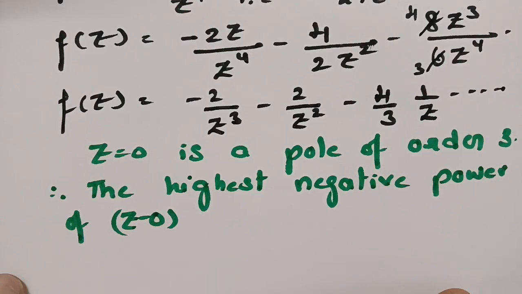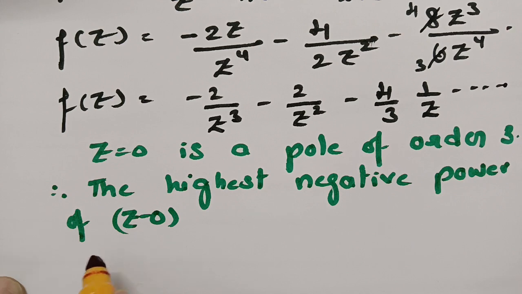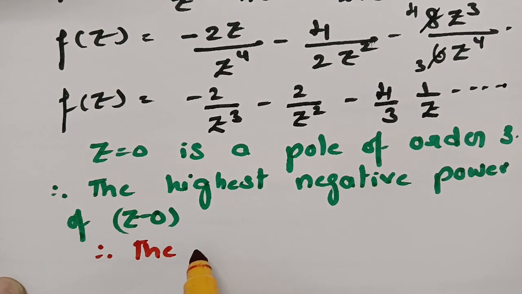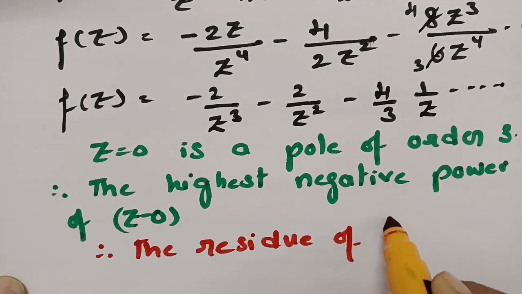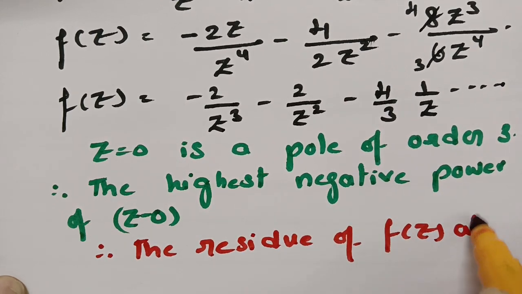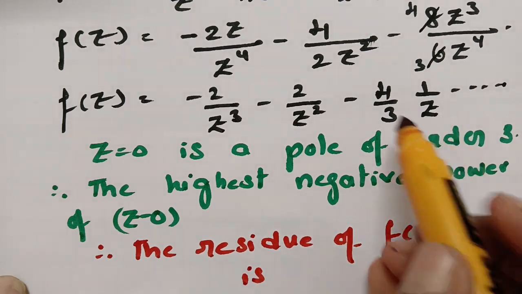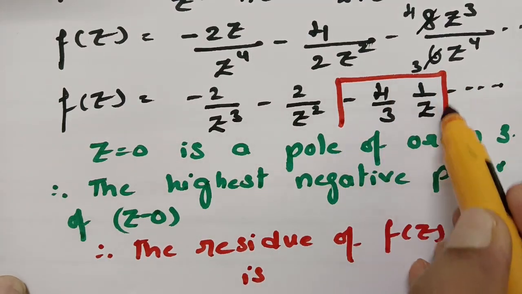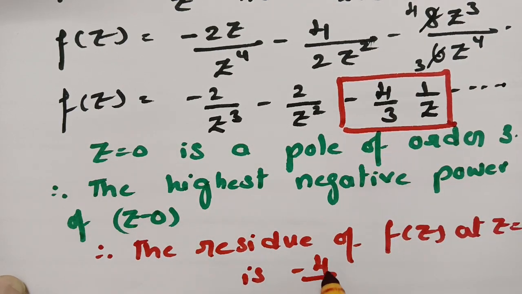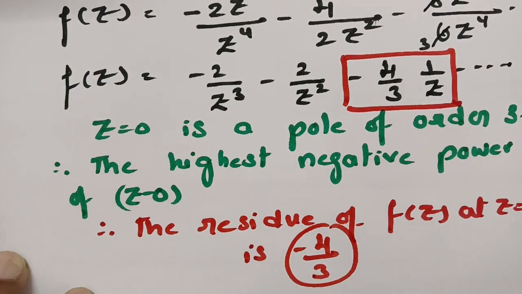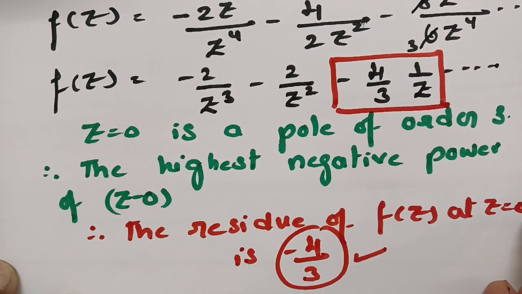Therefore the residue of f of z at z is equal to 0 is the coefficient of 1 by z, which is minus 4 by 3. So this is the residue value of f of z at z is equal to 0.